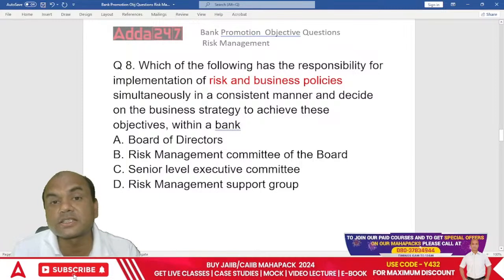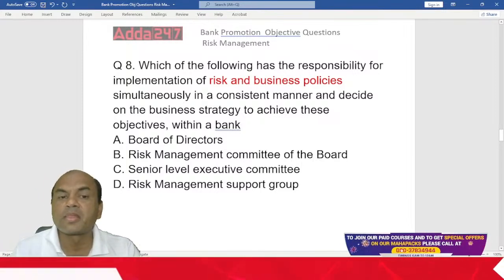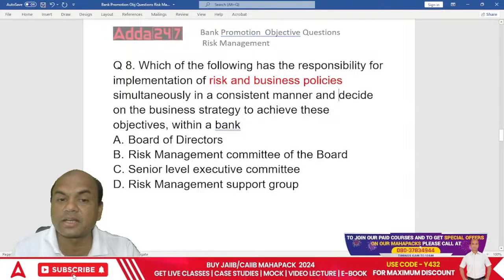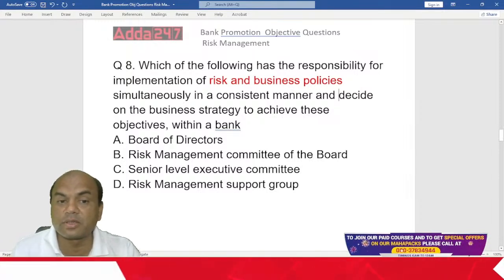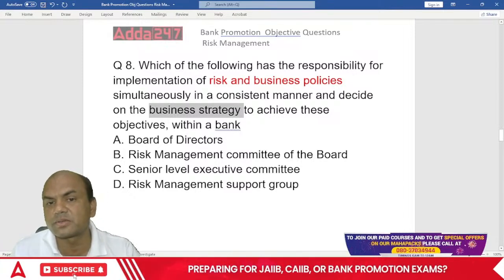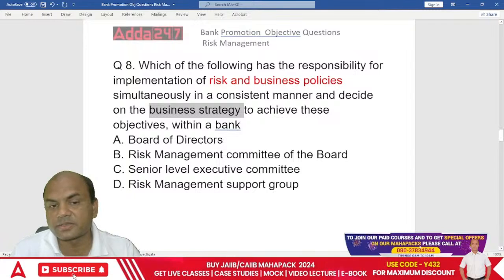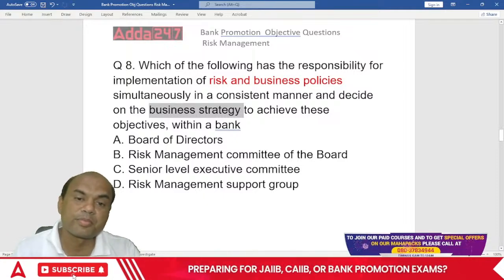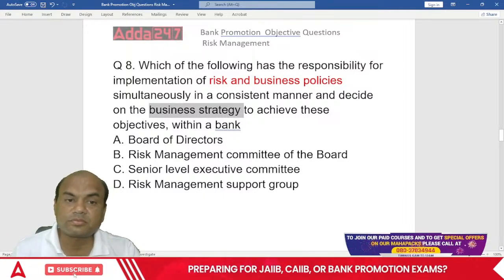If you go on increasing the business, risk will increase. So generally they are opposite of each other. So we have to maintain a balance between these two simultaneously in a consistent manner and decide on the business strategy to achieve these objectives. So who is concerned with this? Board of Directors, RMCB, Senior Level Executive Committee, or Risk Management Support Group. What do you think?